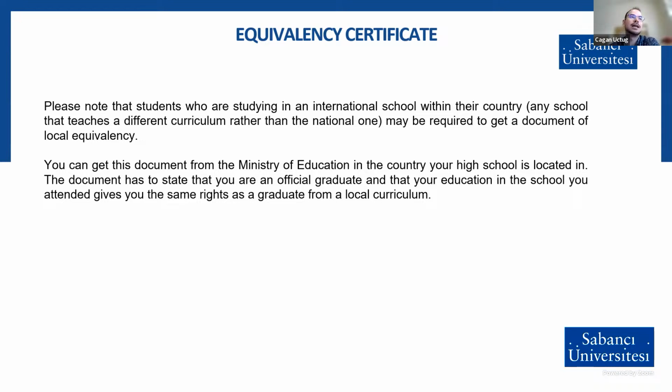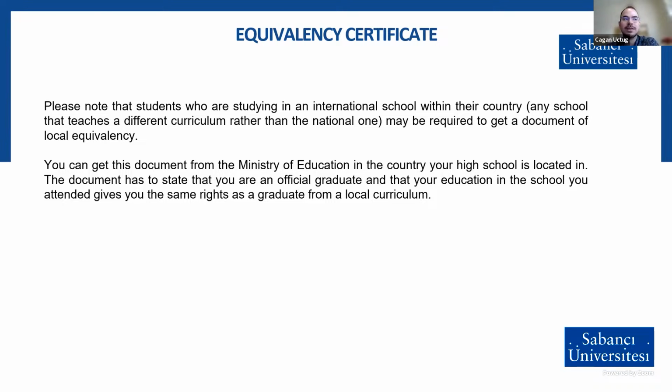So this does not apply to students from Pakistan who are studying in GCE A-level schools, but for all other students who are studying in a school which is a different curriculum than their country's national curriculum.